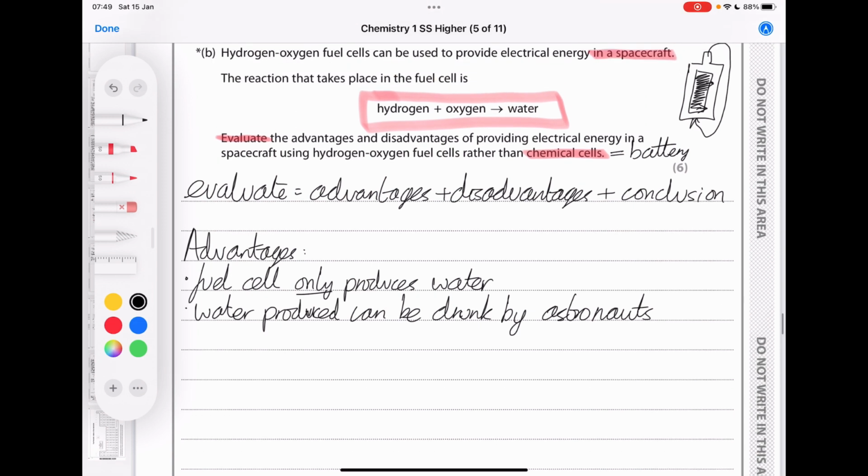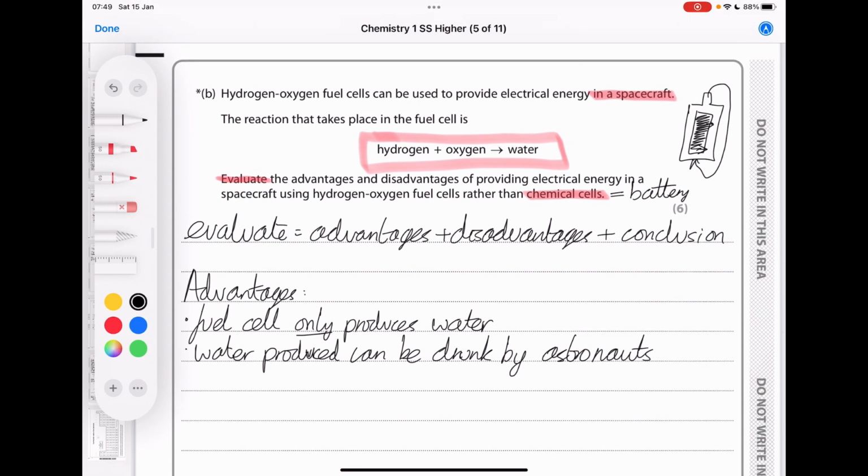That in itself is a major advantage of a hydrogen fuel cell. You don't need to take water with you separately packed into your spacecraft. Water's heavy and therefore requires more fuel to lift off the ground, and the spacecraft has to be bigger, and so on and so on and so on. If you can make water while you're there at the same time you're making electricity to keep your spacecraft running, that's awesome.